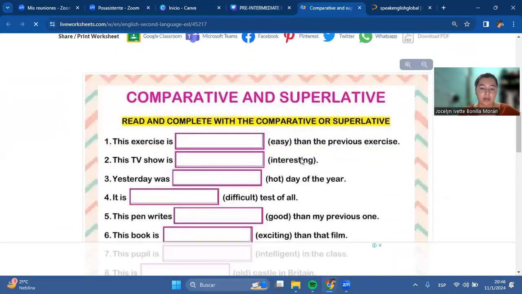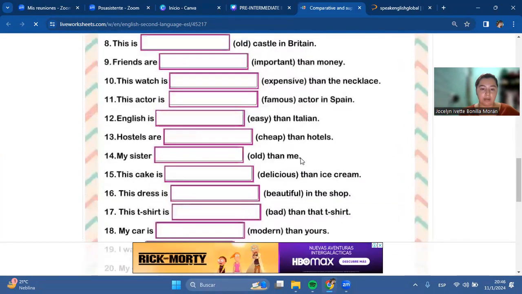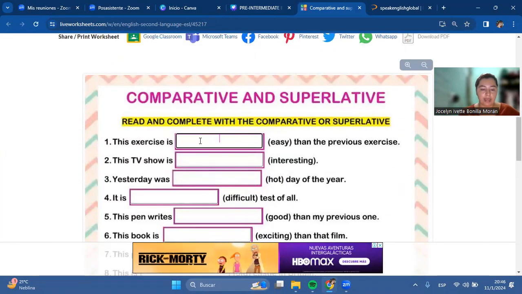So we have another exercise about comparative. Okay, so in this exercise, I have easy here, but today, please, if you have access, type in the chat, how do I need to type the adjective in the worksheet? This one, easy. What is the correct way? Let me see, easier, okay, easier. All right.